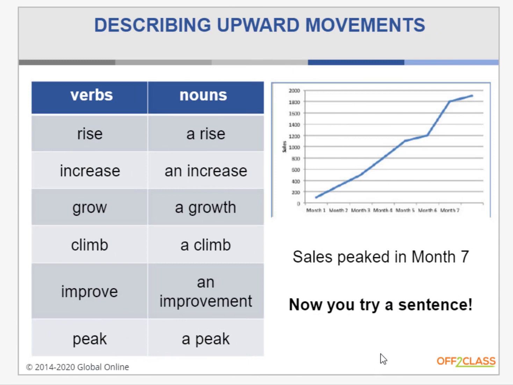So here is how we describe upward movements. When something is going up or it's increasing, we have some verbs and some nouns you can use. For example, you can say rise when using the verb, or a rise when you're using it as a noun. Increase when using it as a verb, or an increase when you're using a noun.